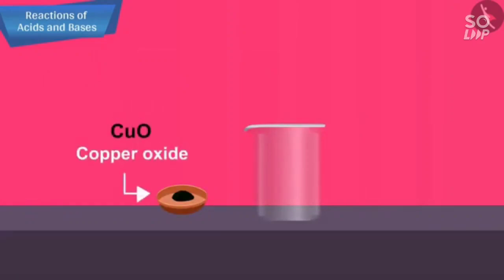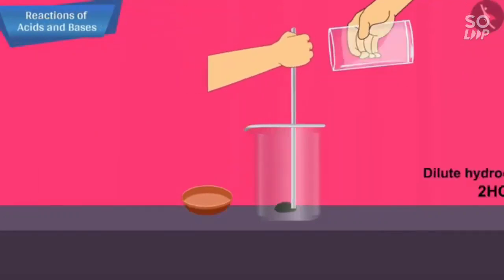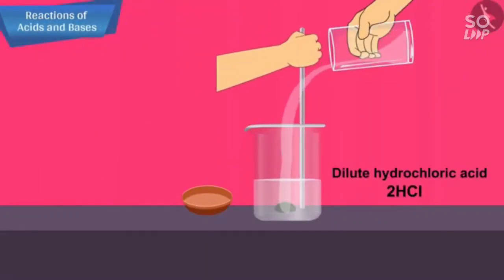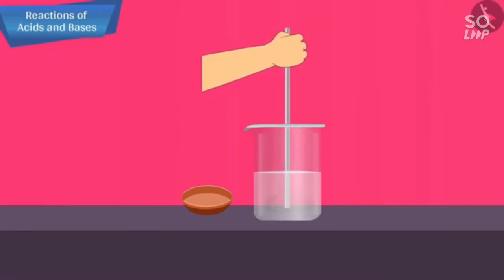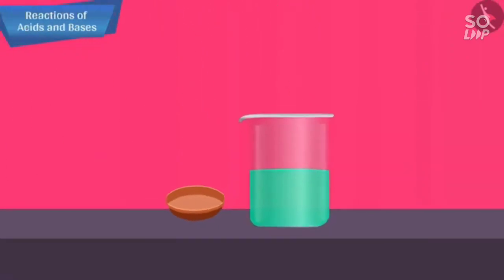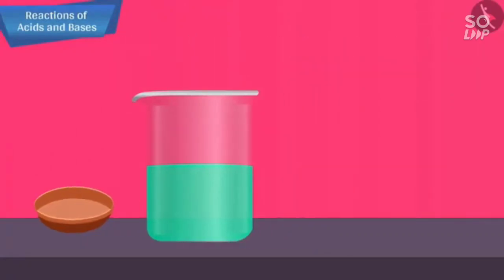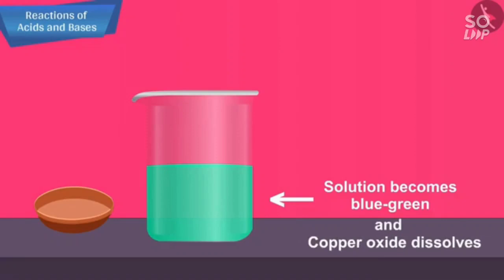Take a small amount of copper oxide in a beaker and add dilute hydrochloric acid slowly while stirring. Note the color of the solution. What has happened to the copper oxide? You will notice that the color of the solution becomes blue-green and the copper oxide dissolves.